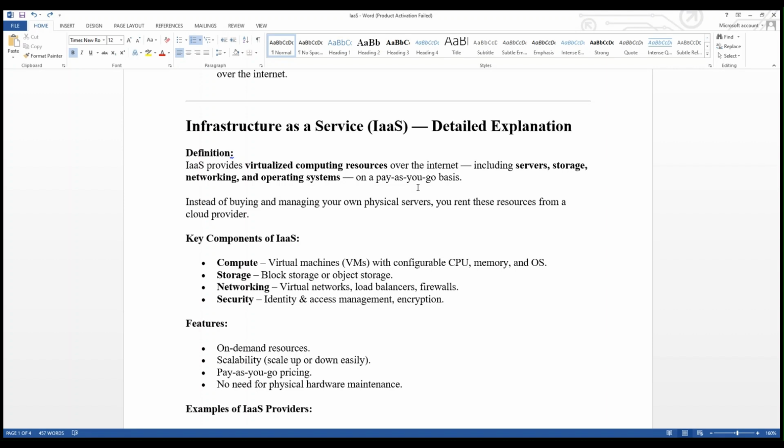And that is called pay as you go basis. So whatever infrastructure services you are using, like servers, storage, networking, operating systems, you will pay accordingly. So this is called the concept of infrastructure as a service.